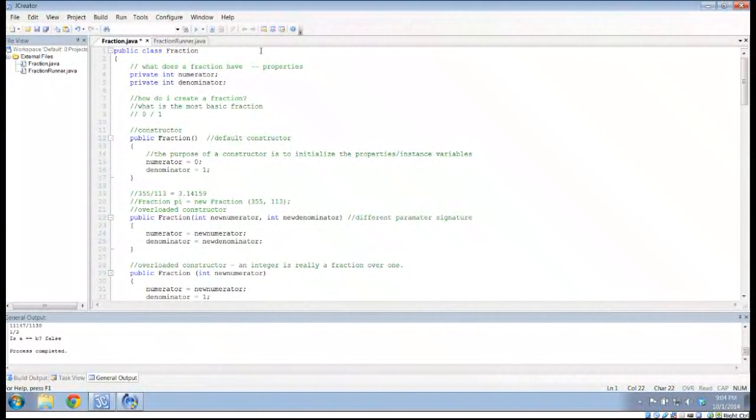But I need to put implements Comparable. And what this allows us to do, because I'm implementing Comparable, is it allows other objects to compare themselves to us.